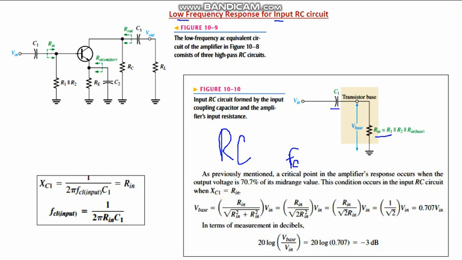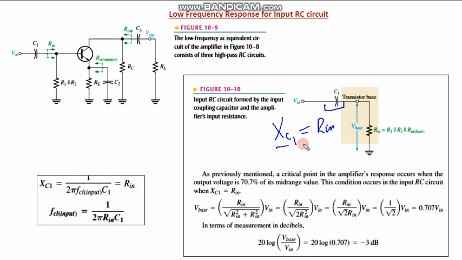So let's talk about this part. We can clarify this by saying what would happen if the value of reactance of this C1, this XC1, becomes equal to Rin.